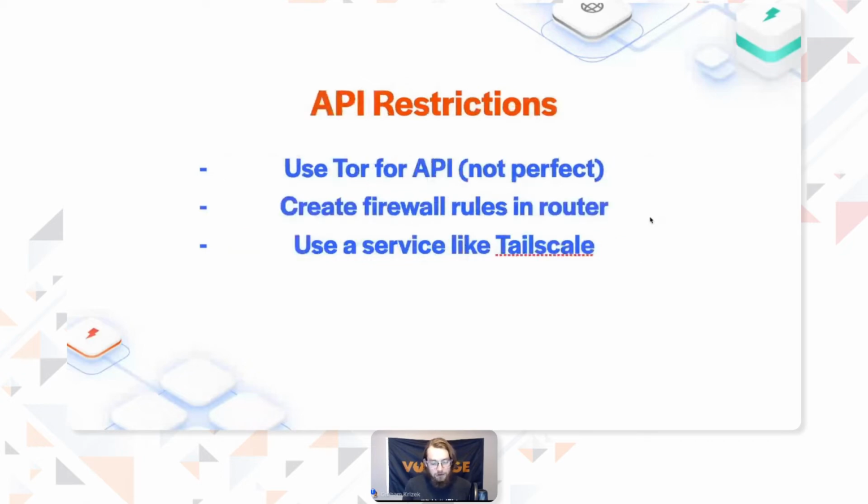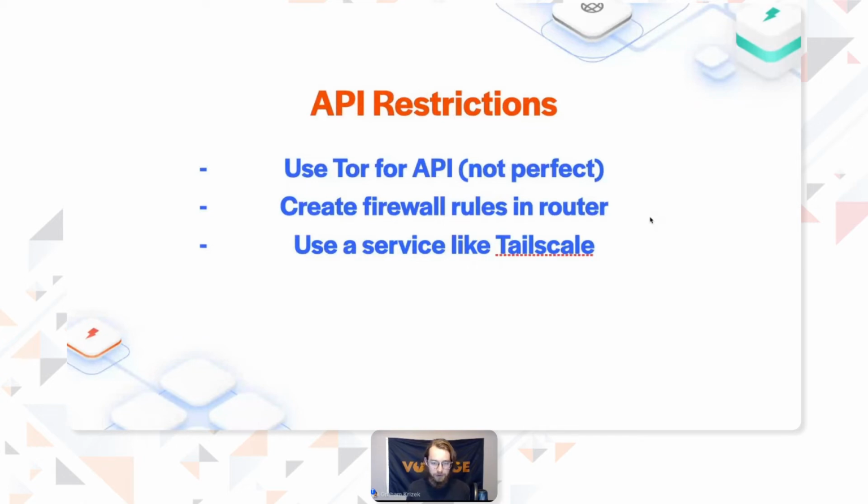So the API restrictions. When you're running an API for a Lightning node on a Raspberry Pi or something at home, you generally use Tor for the API. As we know, Tor is not perfect. It has its own reliability issues for one, but it's also still semi-open to the internet, in that if anyone were able to find your Tor URL, they could still issue commands to the node.